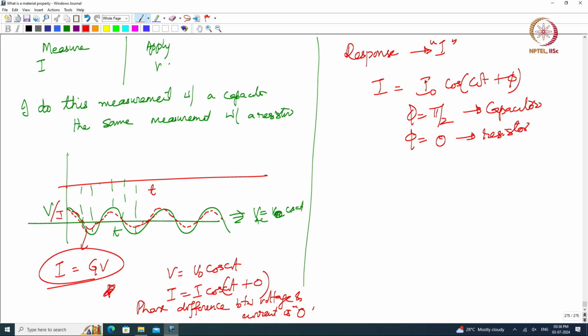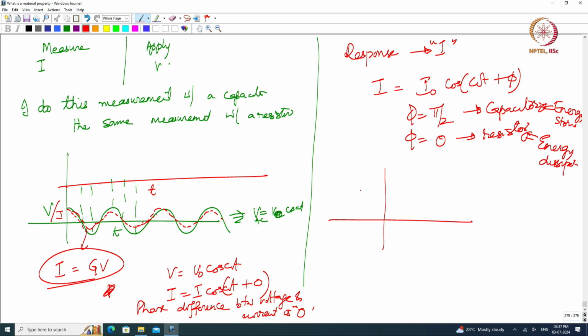So, this is what is called a phasor notation, and the phase between current and voltage changes, depending on whether I have a capacitor, which is an energy storing element, or a resistor, which is an energy dissipating element. Right.